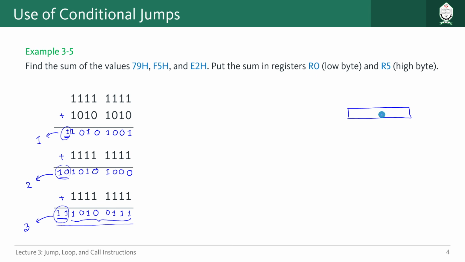Here it's actually written as R0, so we are going to use R0, and there will be another 8-bit register used, which is R5, which will keep the upper portion, the high bytes we have if carry happens.